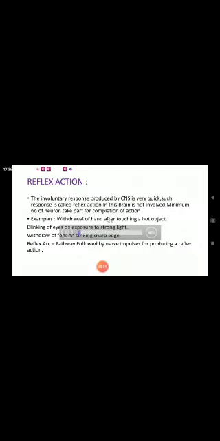Next part of the lecture, reflex action. The actions which are not under our conscious control are involuntary responses produced by the central nervous system in a very quick way. Such a response is called reflex action.